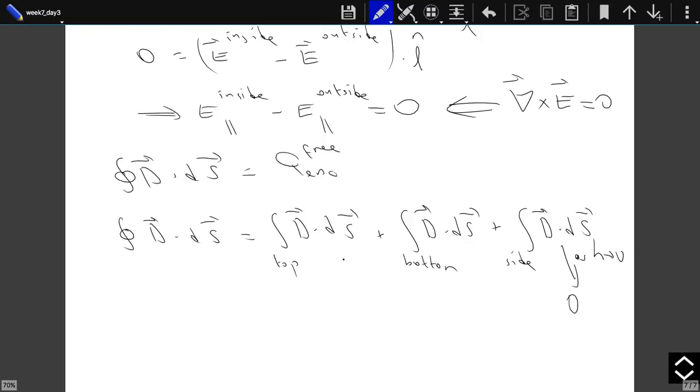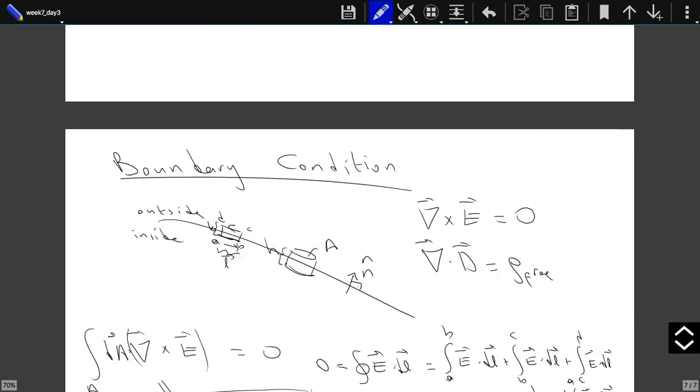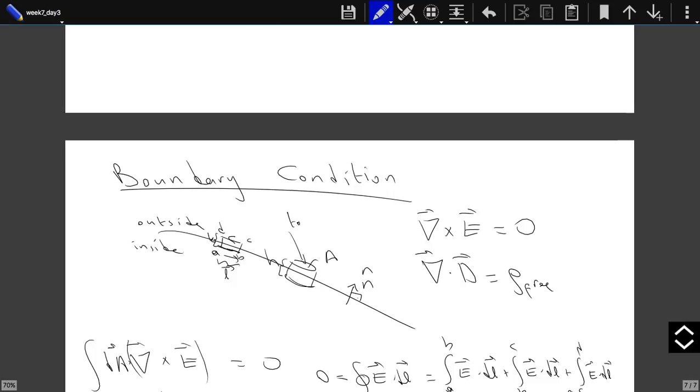So at the top region, this is our top, dS is nothing but dA in the n direction. This is our bottom. At the bottom, dS is equal to, again, dA in the minus n direction.